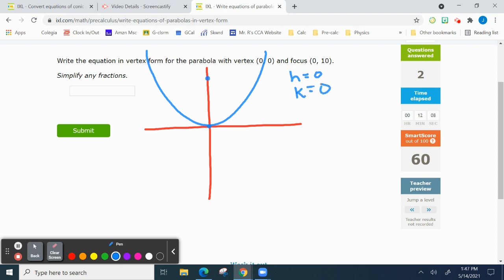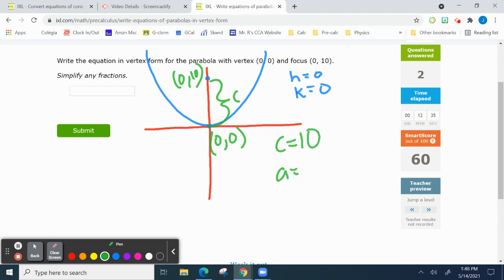And then all we need is our c, because we can use our c to find our a, right? So c is this distance right there. And if the vertex is 0, 0, and the focus is 0, 10, then c equals 10, right?